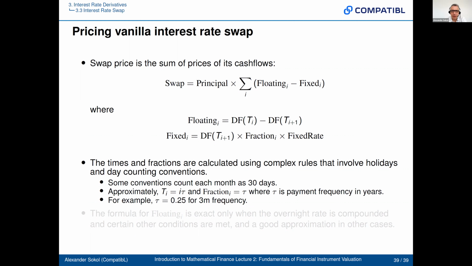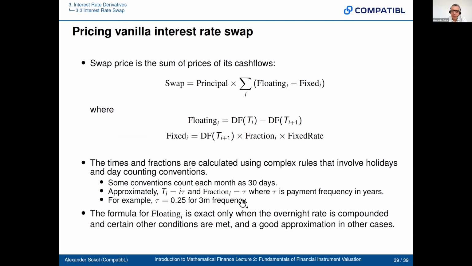And if you're doing it professionally, you need to take this into account, and there's a document that describes how. And the formula for floating, this formula that I have here, is only exact when the overnight rate is compounded and certain other conditions are met. For example, sometimes there's something called lockout, where the overnight rate is not observed for the last 2 days, because your back office, or people responsible for sending the payment, already start to calculate and verify the payments, and if they're still waiting to observe this rate, they will be delayed.